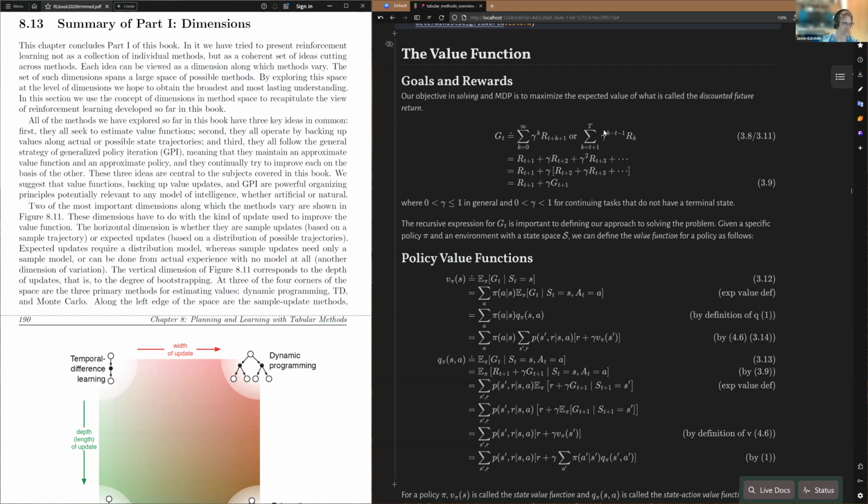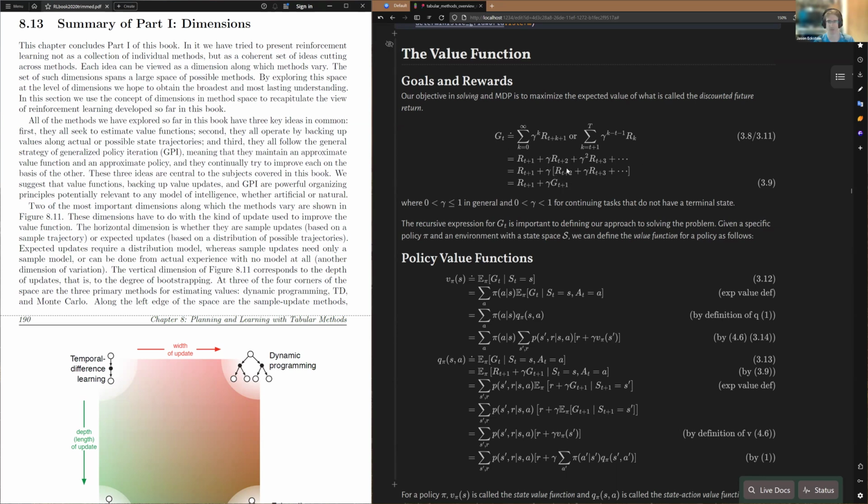But from this definition of G, we can write it recursively in terms of G at the next time step. This trick is used throughout the book. It's very important in deriving these relationships for the value function, but the first place you see it is in thinking about the discounted sum of future rewards.